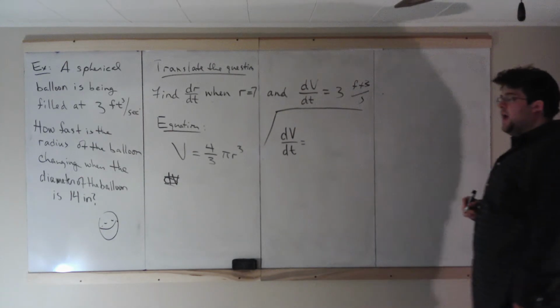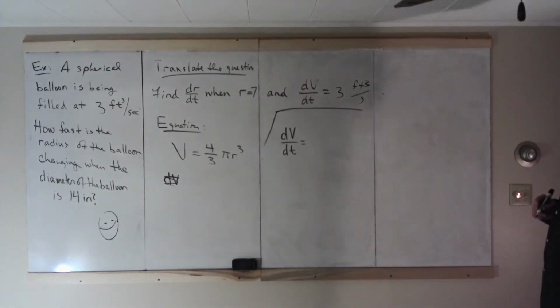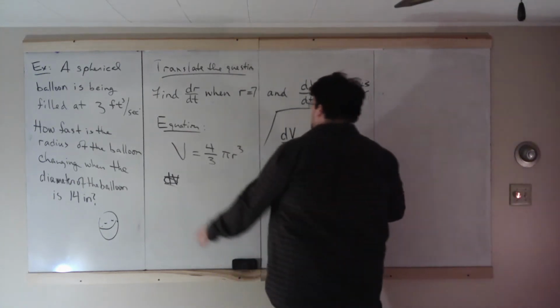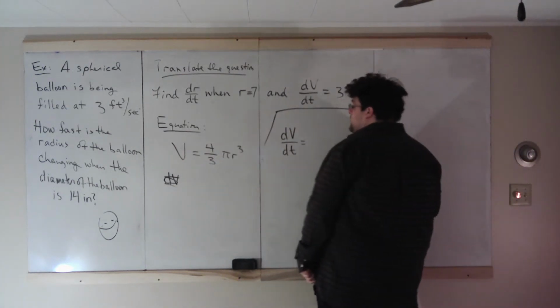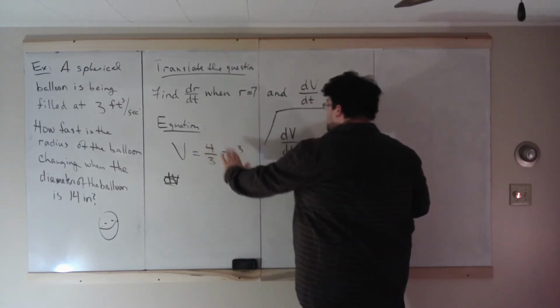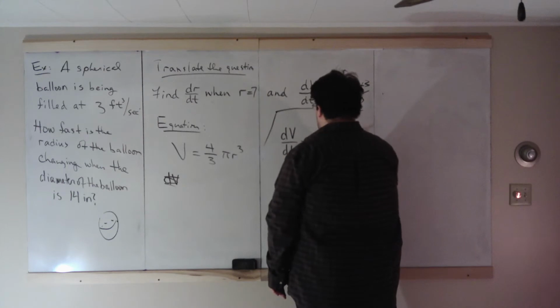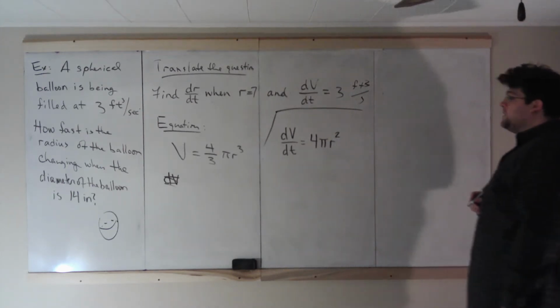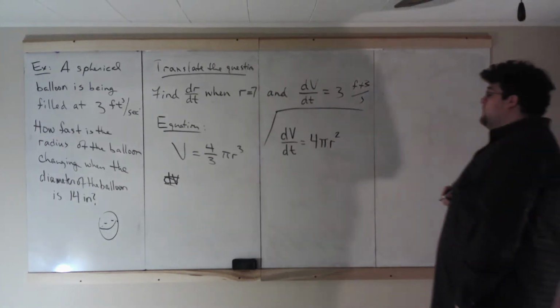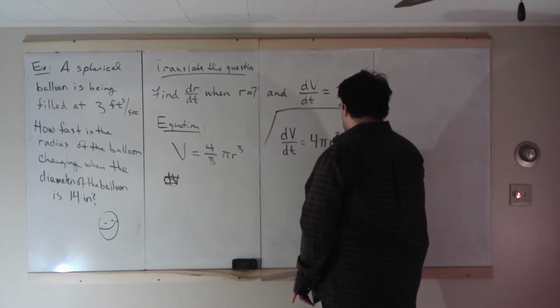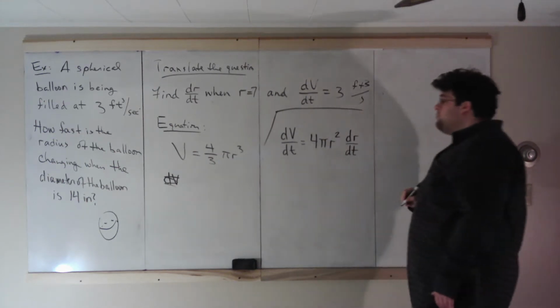So it's 1 times the derivative of the inside. 1 times dv/dt. On the right, 4/3 and pi are constant. Derivative of r cubed is 3r squared. But we're differentiating with respect to time. r is a function of time, so again, a rate is going to show up by chain rule.